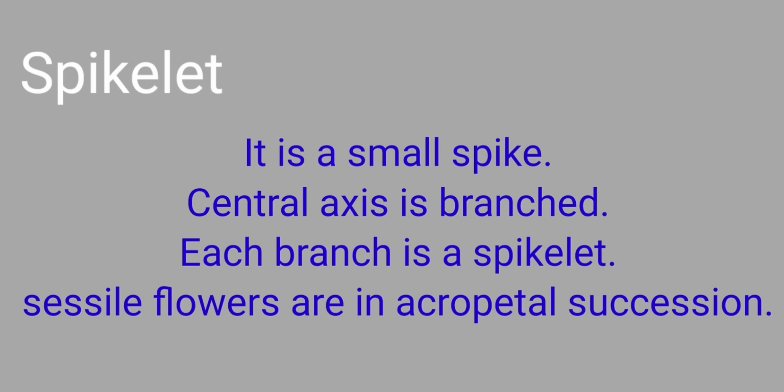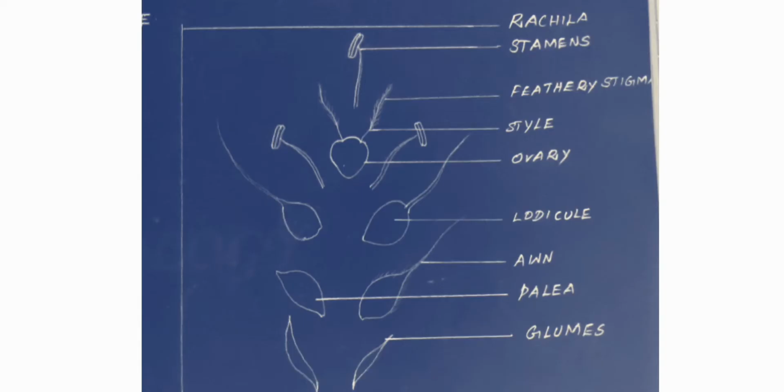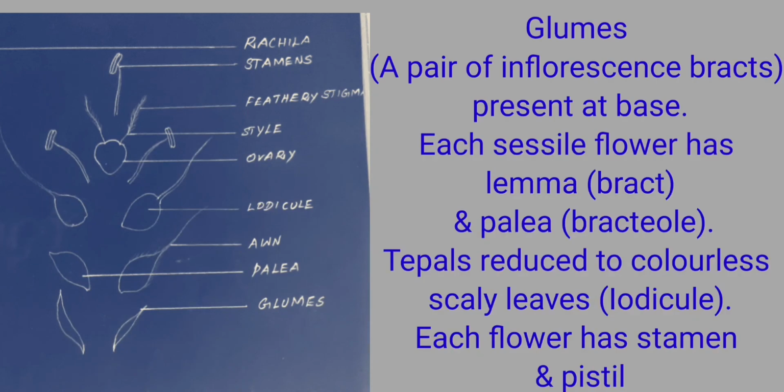Here in this picture you could find the glumes, lemma, palea, lodicule, stamen and pistil and styles. So these are the modified forms which are present in the spikelet arrangement.